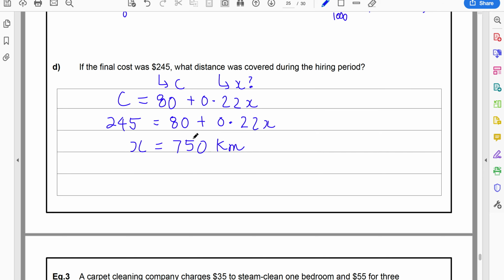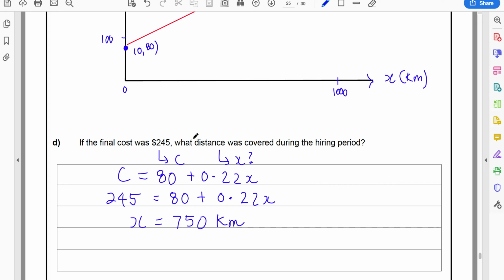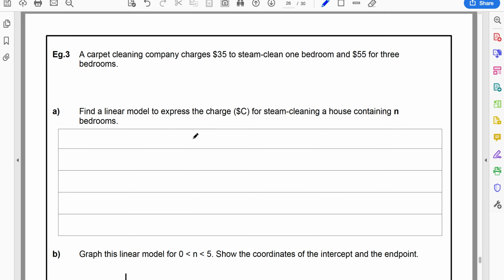So there's one with cost, like I said, very popular ones that come up. There is one more I wanted to show you because this last one is a little bit different to previous ones. Previous ones we were either given the graph or we were given enough information to get the equation quite easily. This one's not as obvious.